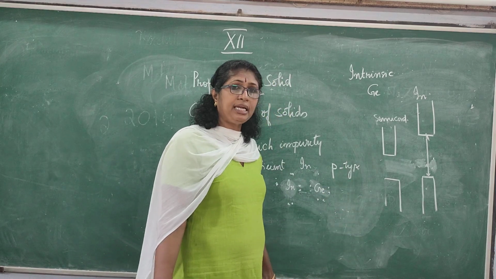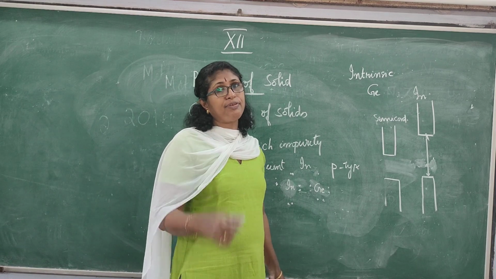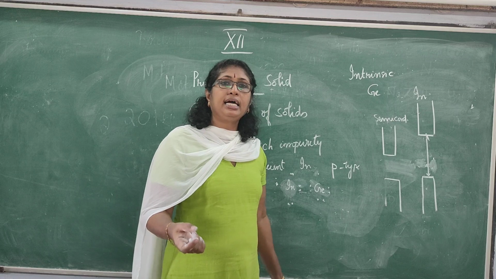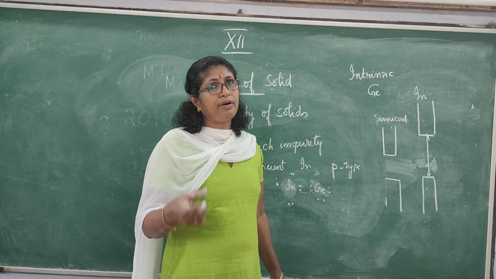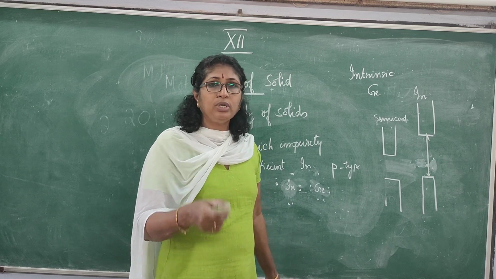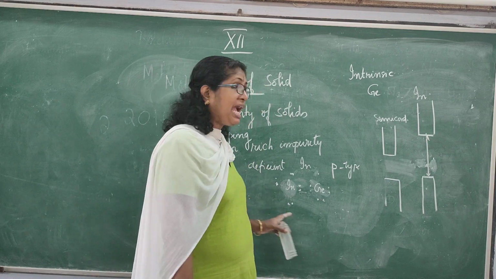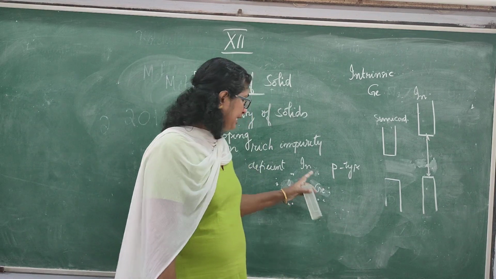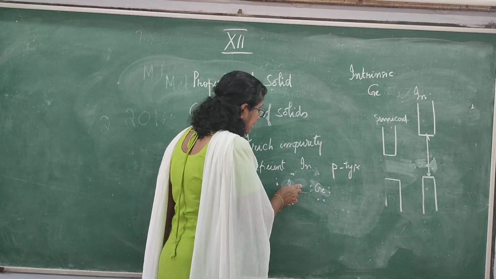N-type semiconductor is formed if you add an electron-rich impurity like a 15th group element. There, when you add the impurity, the 5th electron will not be bonded. It is free to conduct. If you add an electron deficient atom like indium, a hole is created.